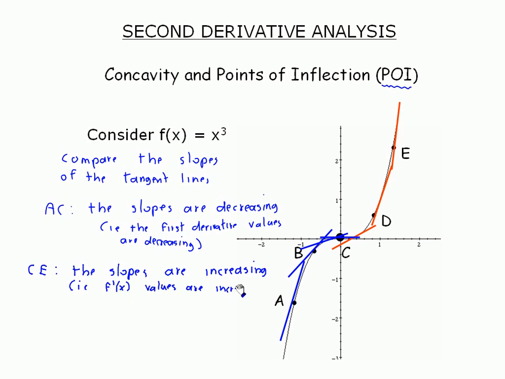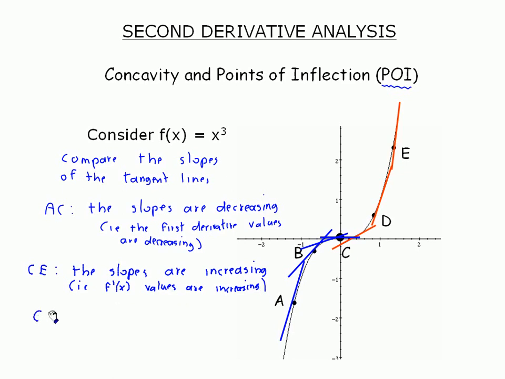So in the course of this function, at least as far as we have it graphed, the first derivative values were decreasing until you got to point C. At point C, they reversed and they started to increase. So point C is important.